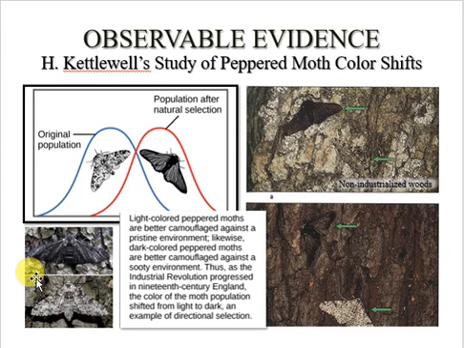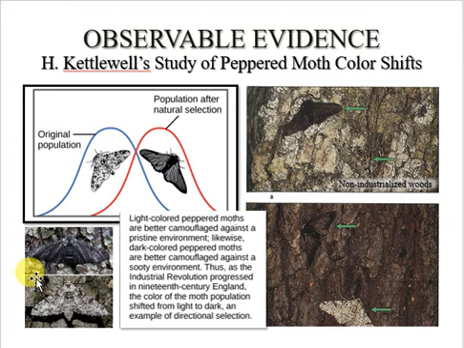The other prime example regards peppered moths and this concept of industrial melanism. Industrial melanism is a phenomenon that is known to have affected well over 70 species of moths in England, but it's been best studied in the peppered moths.